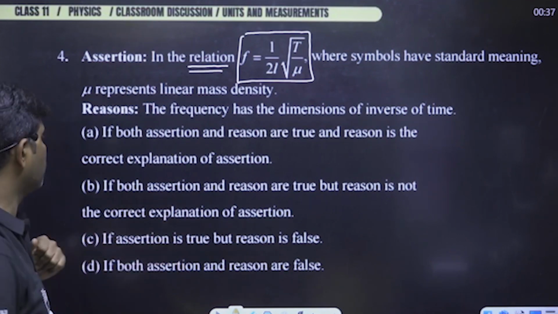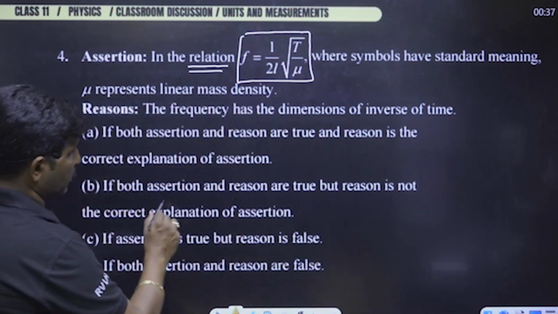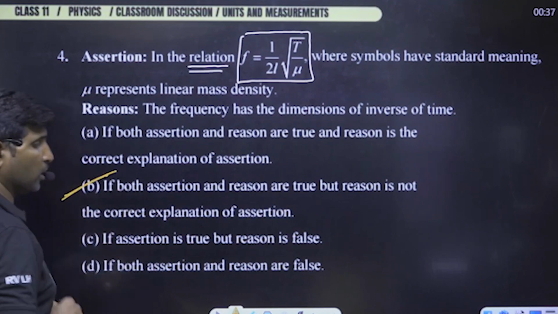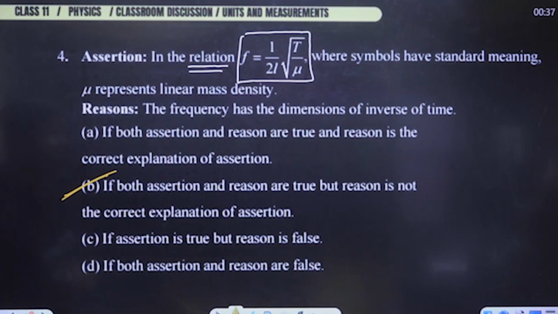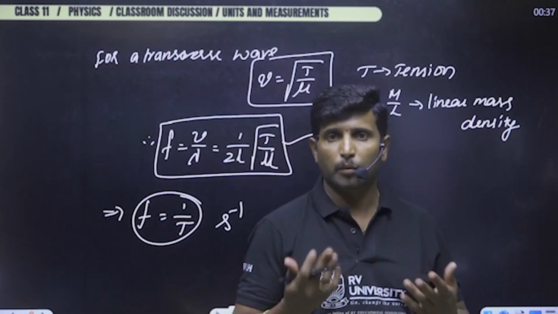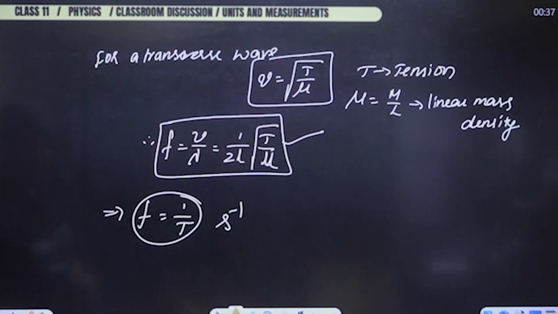Hence we can select option B as our right answer. So please go through it once again. If you have any doubt, please think over it, and we can comment. So let us see the next question.